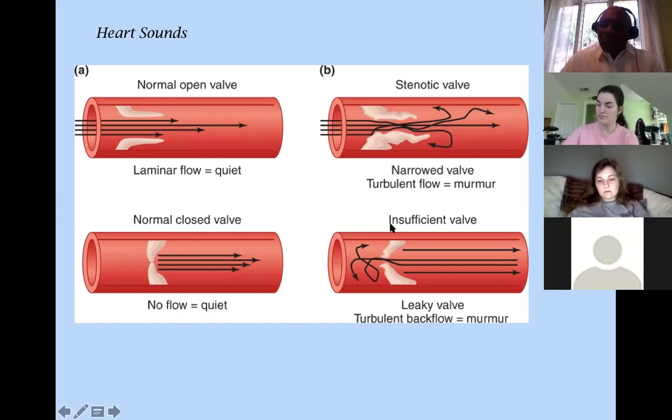And in an insufficient valve, the leaky valve, there'll be a backflow. And so this backflow produces a swish sound.